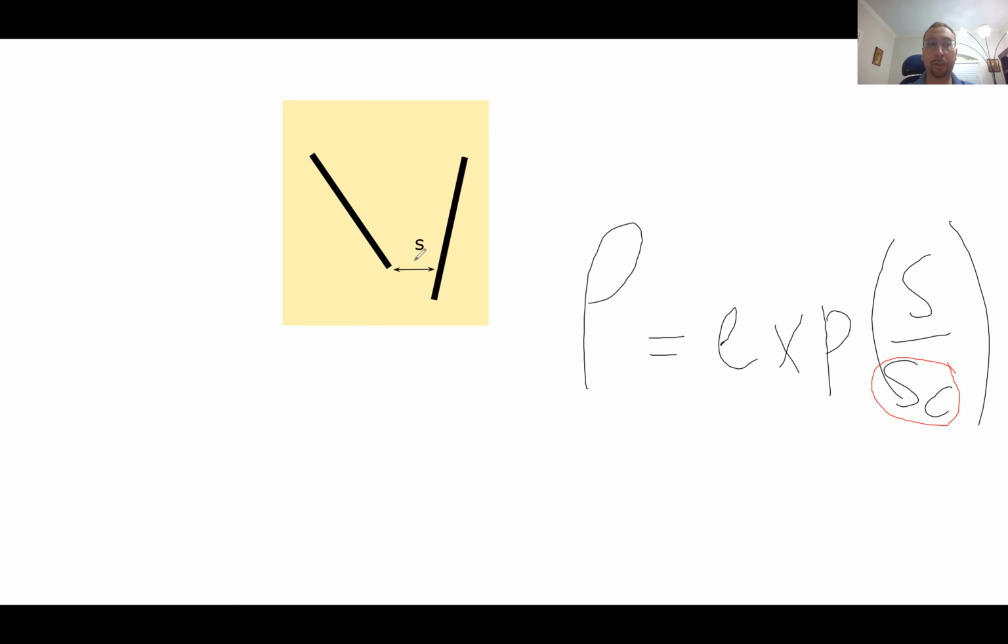We call this the tunneling resistance, or electron tunneling. By the way, those of you who might be familiar with electron tunneling in microscopy, it's using the same principle. Basically, resistivity scales exponentially with the distance between these two.